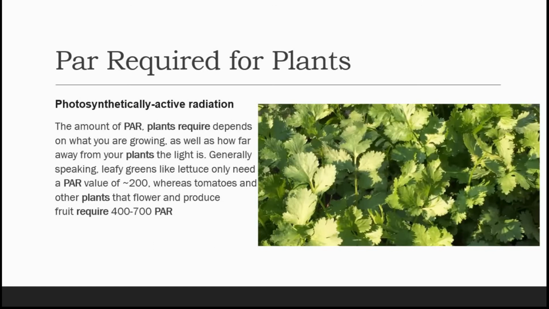Generally speaking, leafy greens like lettuce, basil, kale need a power value of around 200, whereas tomatoes, cucumbers, capsicum, or any other plant that gives flowers and produces fruits require 400 to 700 power for their growth. Now here, I'll just show you a video that would give us a clear picture about what this power light does to our plants.